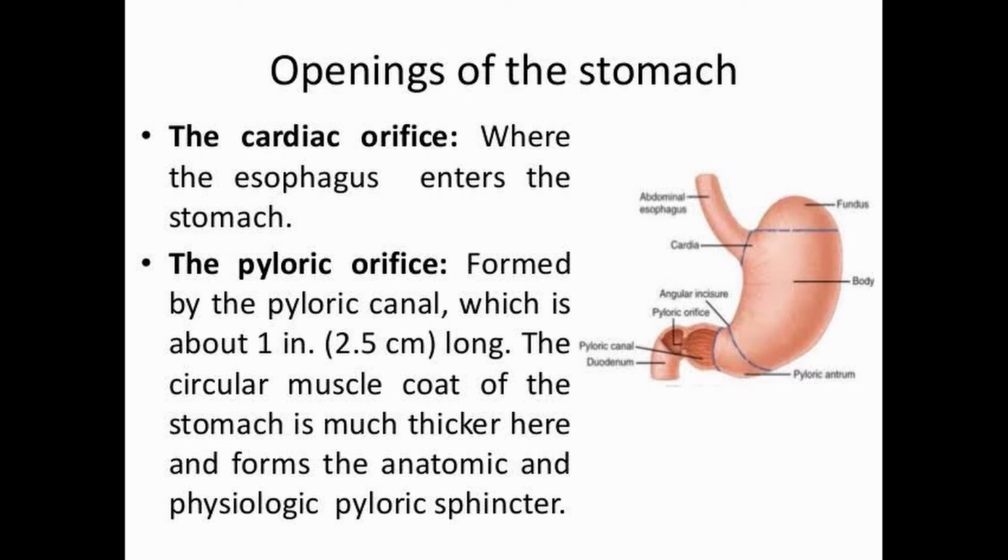The pyloric canal is about 2.5 centimeters long. This is the distal end of the stomach. The circular muscle coat of the stomach is much thicker here and forms the anatomic physiological pyloric sphincter. So these are the openings of the stomach.